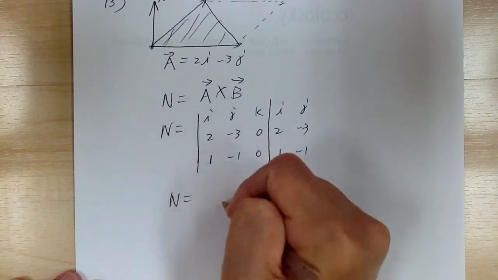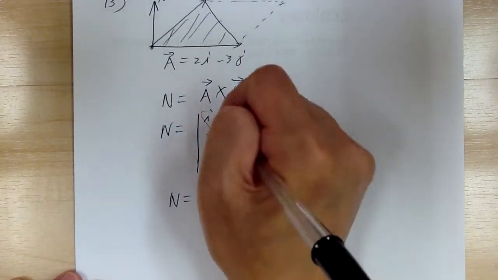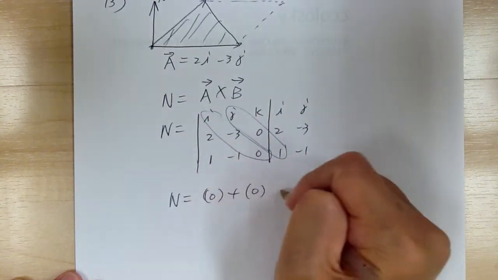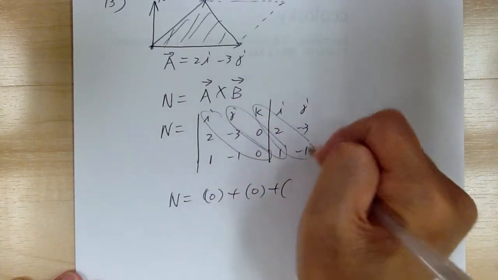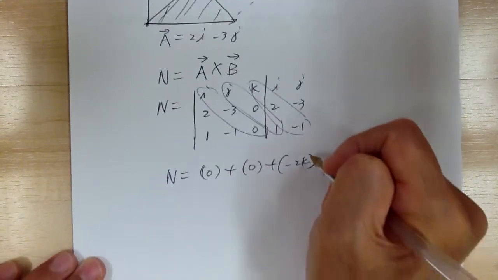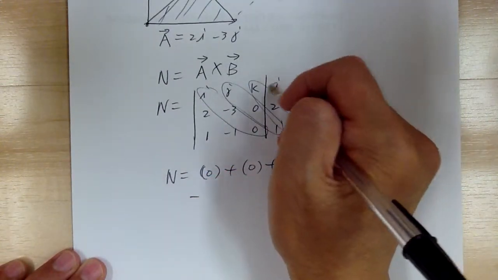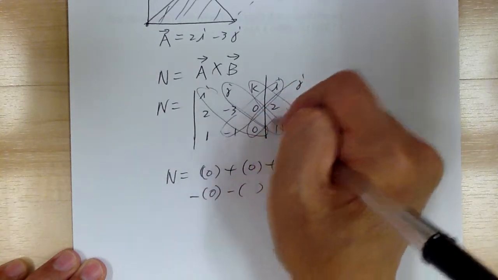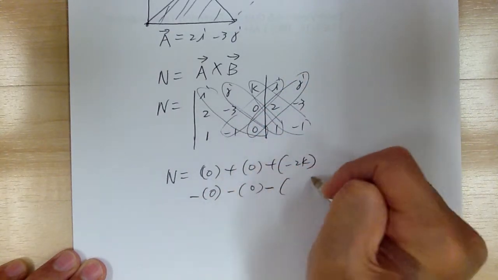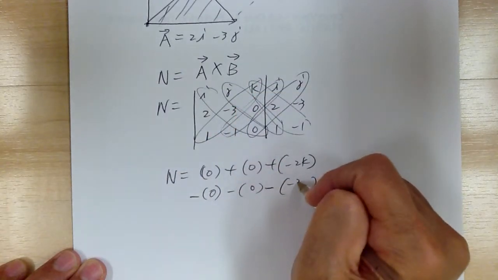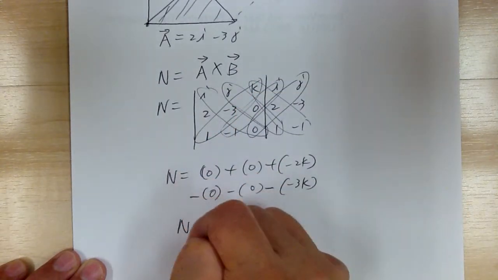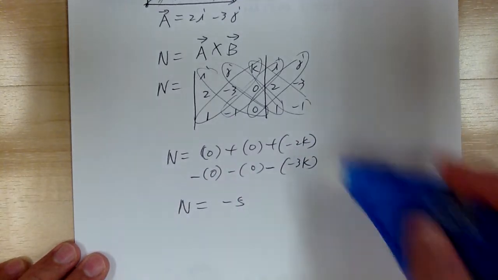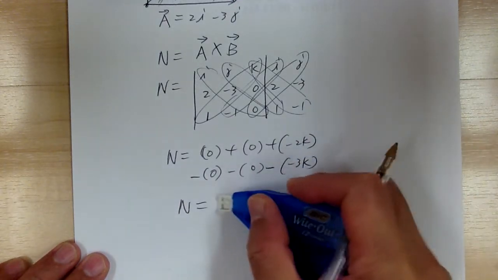So your normal is equal to, I can do the diagonals, so it would be 0 plus 0 plus negative 2k, minus the i diagonal would be 0, minus the j diagonal is 0, minus the k diagonal is minus 3k. Okay, so be careful. This becomes plus 3, so it becomes positive k.